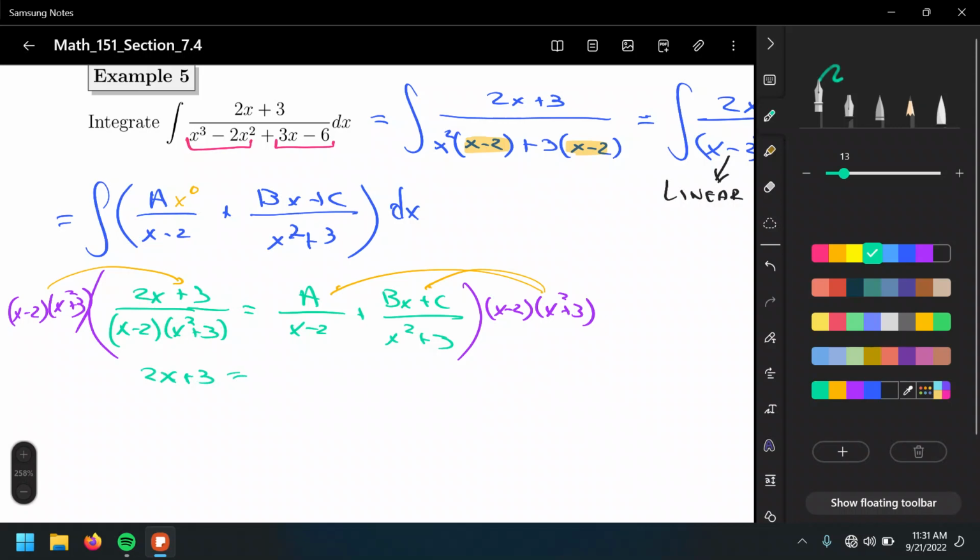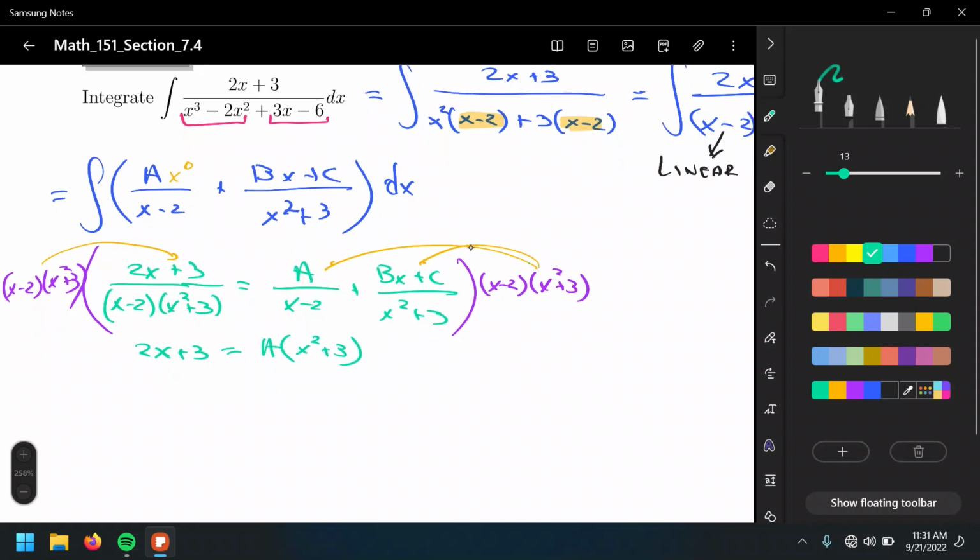When we do the distribution over the first term, the x minus 2's cancel, leaving us with the product of a and x squared plus 3. And last but not least, when we do the last distribution, see how the x squared plus 3's cancel, leaving us with, be careful, bx plus c times x minus 2. And this is again our basic equation.